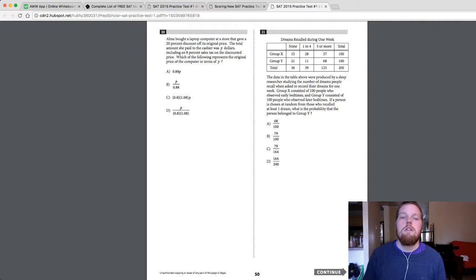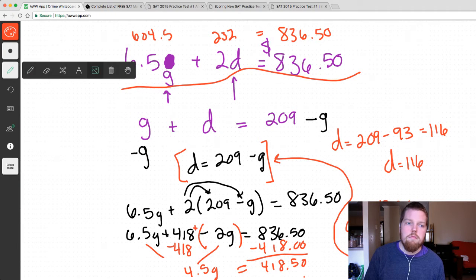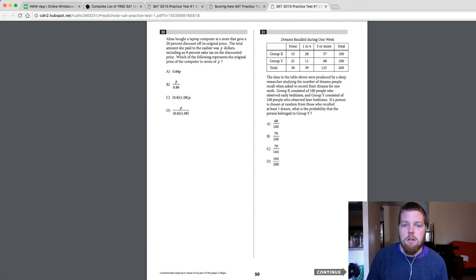Alright, so let's try and write our equation here. She's going to pay the original price, which I'm going to call O, and we're going to multiply that by the 20% discount off its original price.